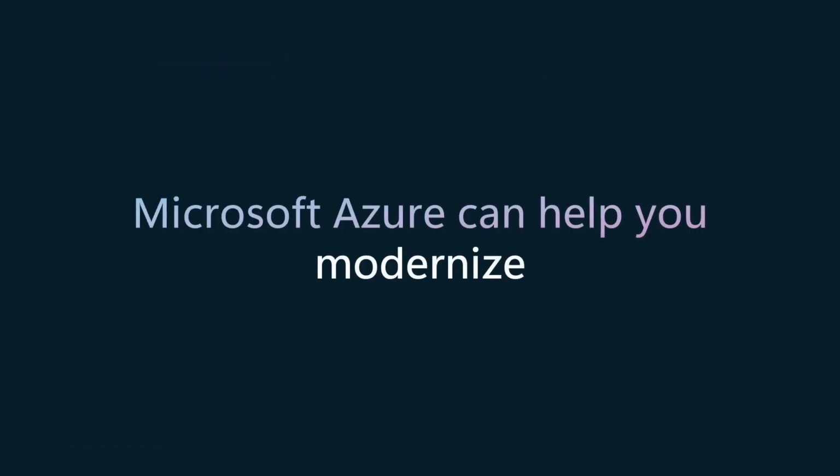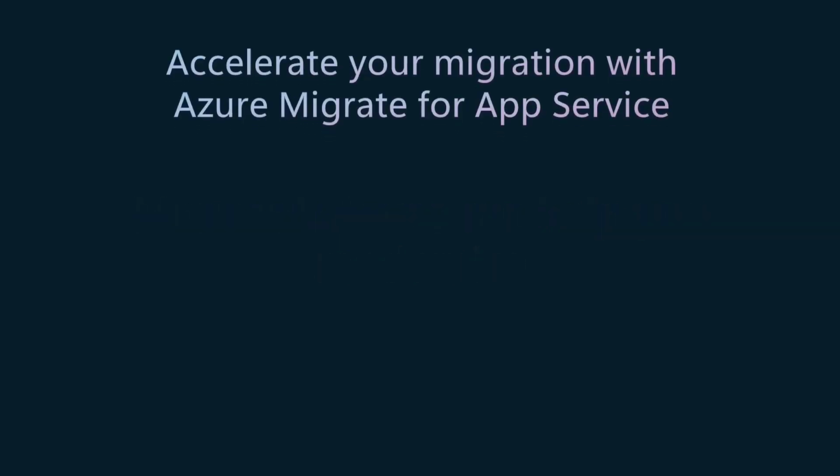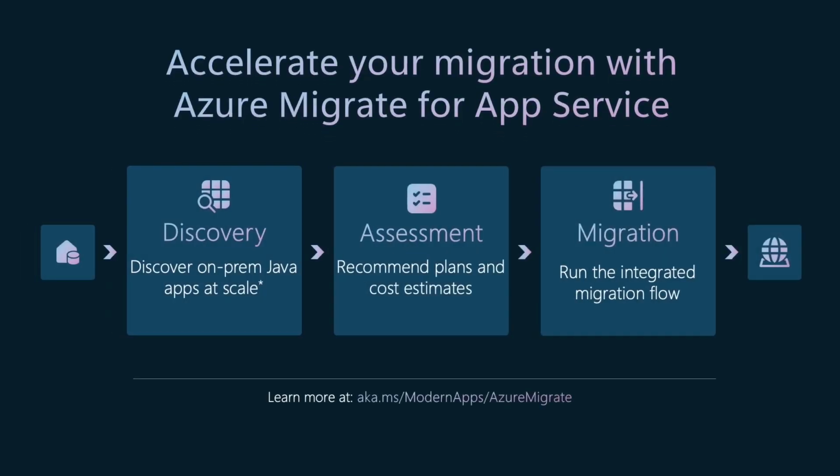So we can help customers modernize their Java applications. And there are two solutions for that right now. Let's talk about Azure Migrate. Azure Migrate is a solution that has existed for a while, and we continue to enhance it. It helps customers discover applications with potential for moving to Azure.